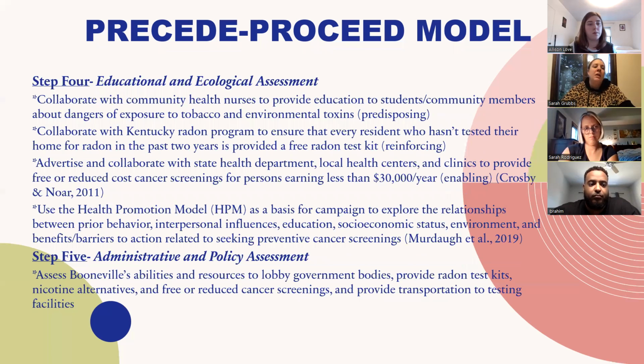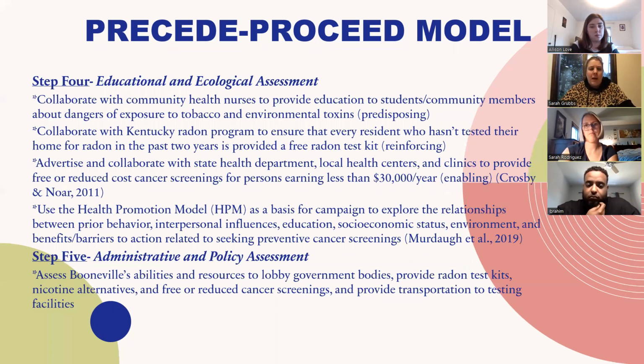Next slide. Step 4 was educational and ecological assessment. There was a lot of information here. The Crosby and Knorr article helps us identify some of the different methods by which we can encourage change. There's predisposing, reinforcing, and enabling factors.